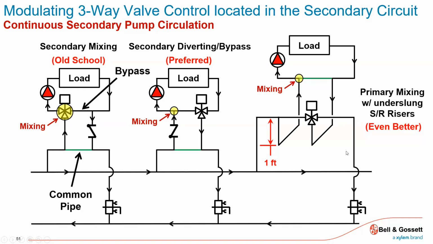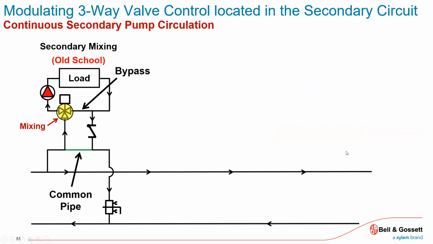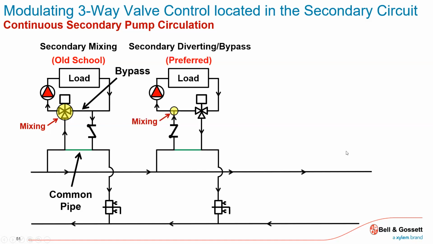And just real quickly, looking at it intuitively, what changes if I start here and say, hey, I've got this mixing valve up on the secondary circuit, the load circuit. Why do they maybe say this is a better way than putting the valve there? Because the mixing still takes place at that T. This becomes more of a diverting valve, but it mixes right there to get that desired water temperature.